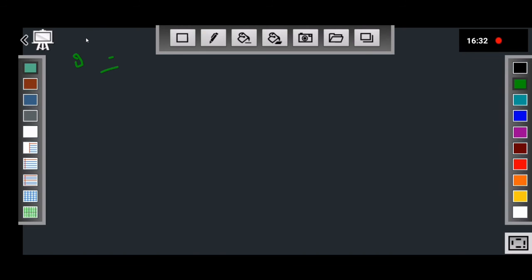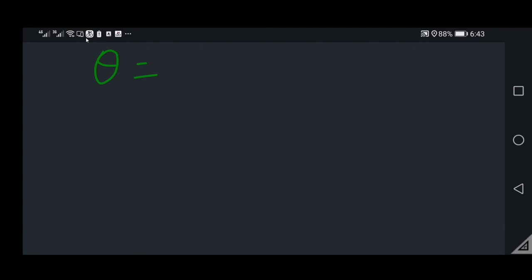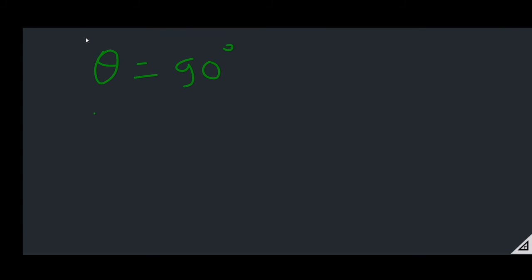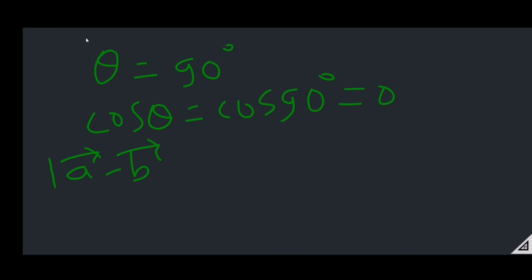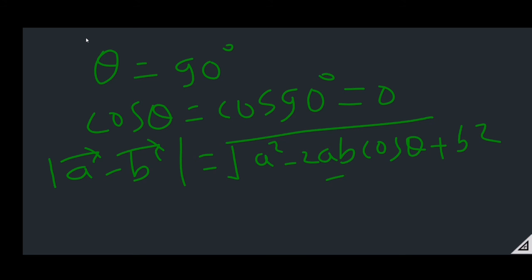Suppose theta equals 90 degrees. Then cos theta equals cos 90 degrees, which equals 0. Using the same formula, a square minus 2ab cos theta plus b square, this middle part will be 0.